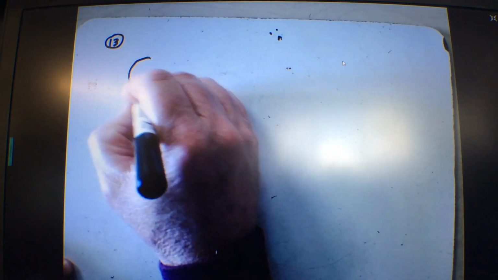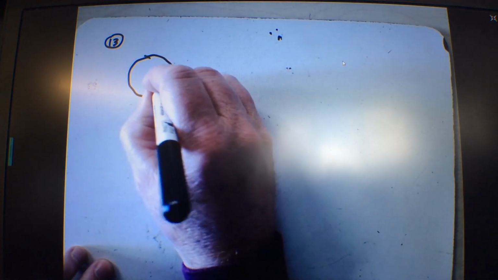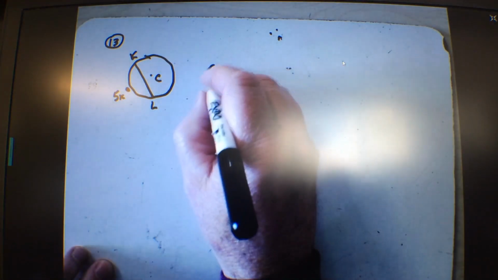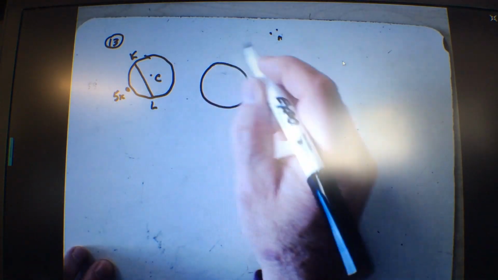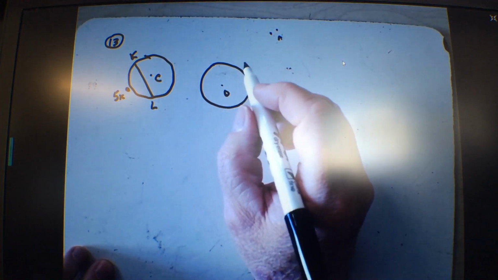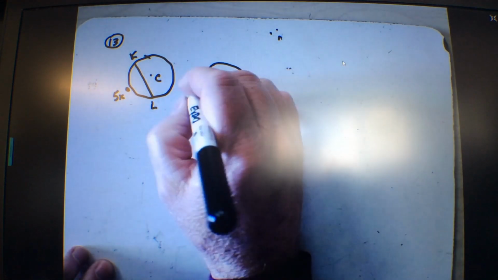They have a circle, and I'm going to just freehand these circles, so they're not going to be very good. But this is circle C, and we have a chord that is KL, and we know this arc is 5x degrees. And I'm just going to draw another circle, and we're going to call this circle D. And we're going to have this chord, it's called AJ.